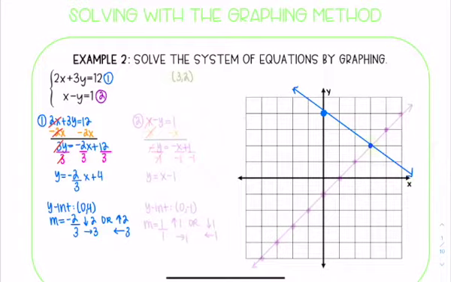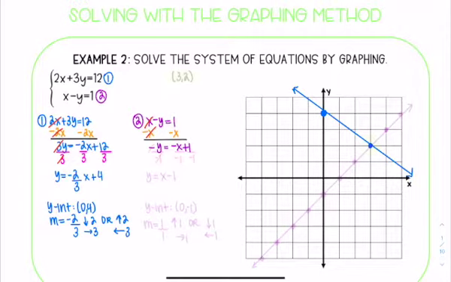Now let's go ahead and do the same thing with equation number 2: x minus y equals 1. So let's go ahead and subtract x from both sides. And so we get negative y equals negative x plus 1.